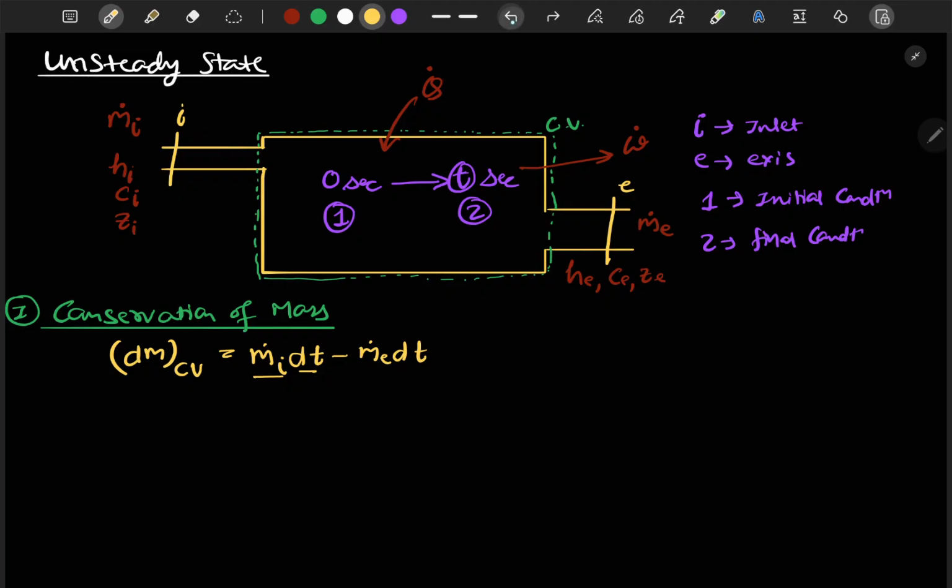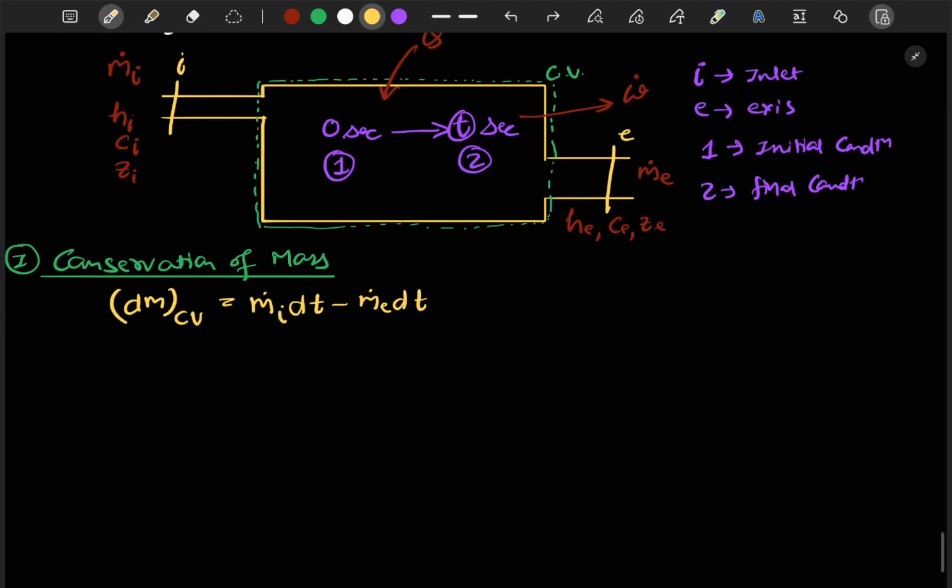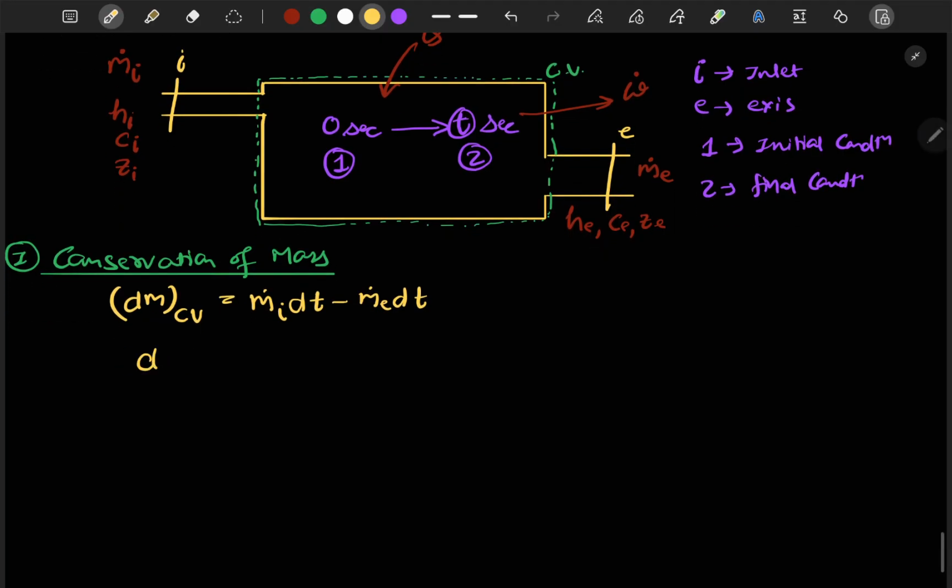The difference will be the accumulated mass in the control volume over a small time period dt. If we calculate the rate at which the mass is accumulated, dm by dt for the control volume, it comes out to be mi dot minus me dot.